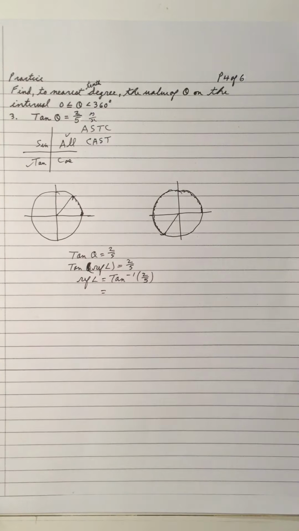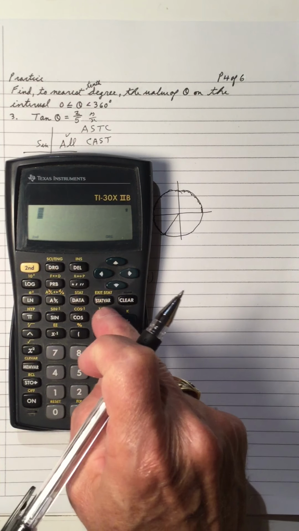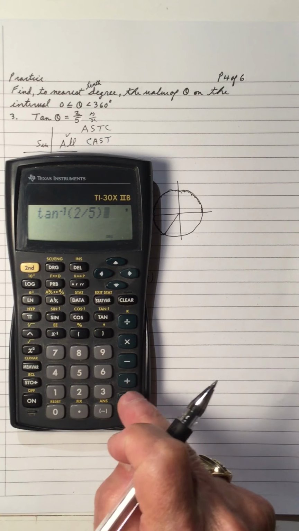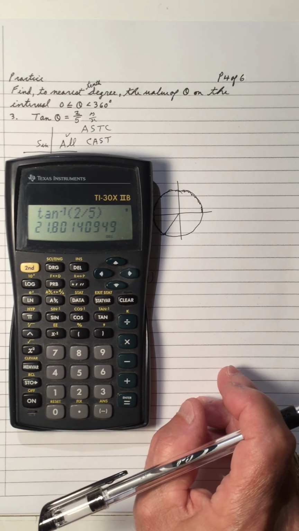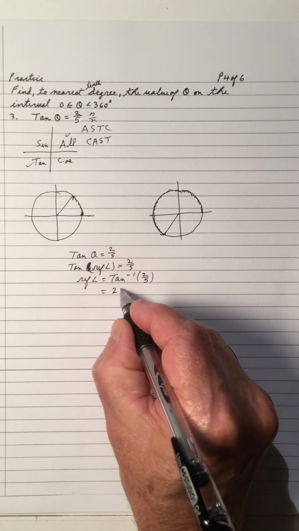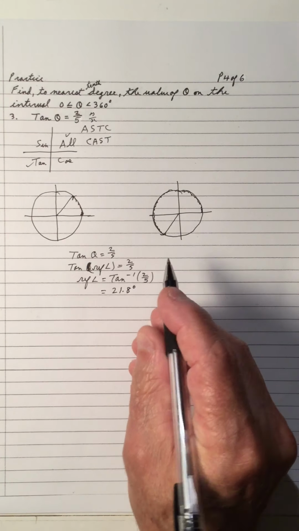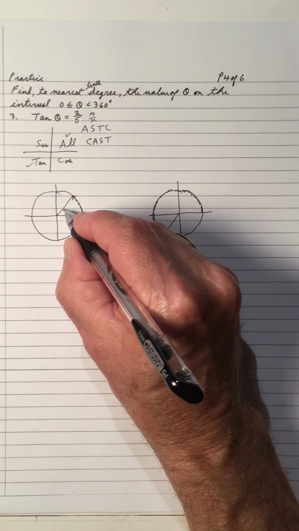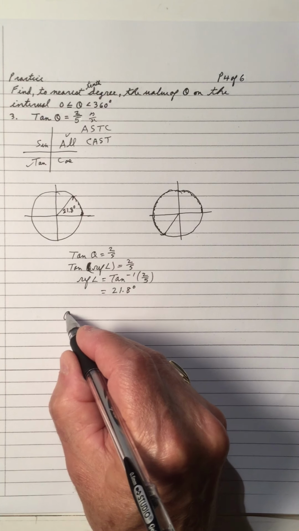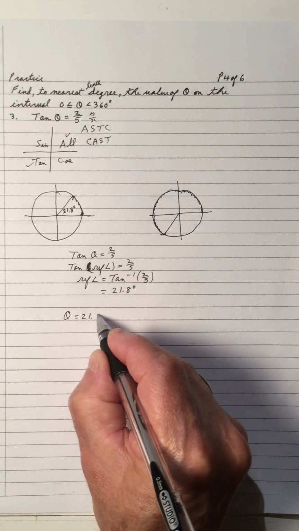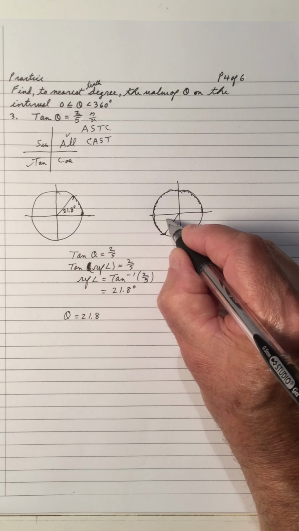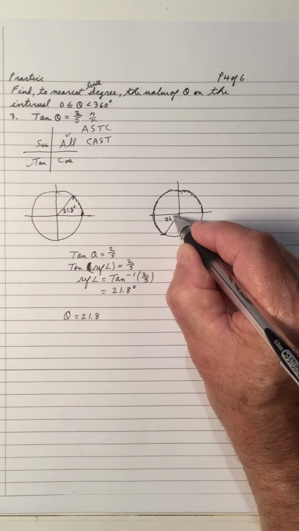There it is, got it cleared. So inverse tan of 2 divided by 5 gives us 21.8 to the nearest tenth. 21.8 is the reference angle. So if this is the reference angle right here, 21.8, theta is 21.8 automatically. And over here in this diagram, the reference angle is right here, 21.8.